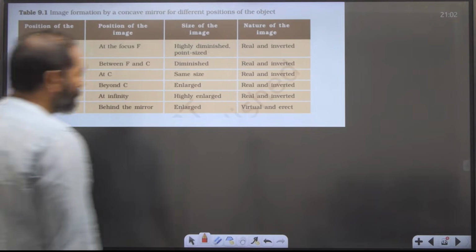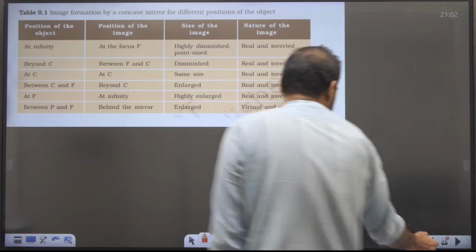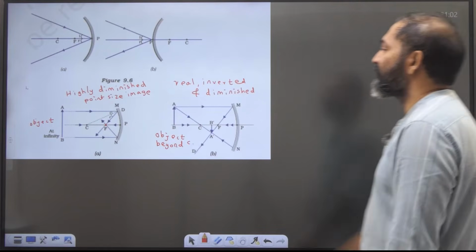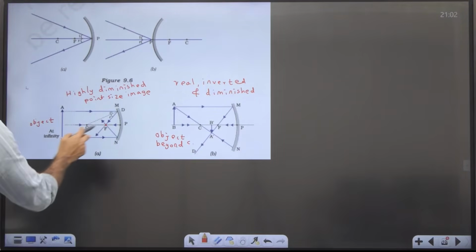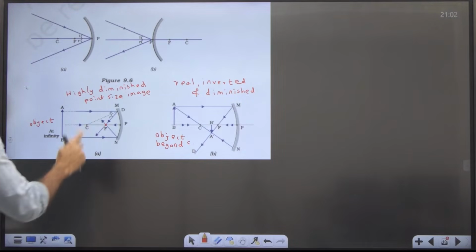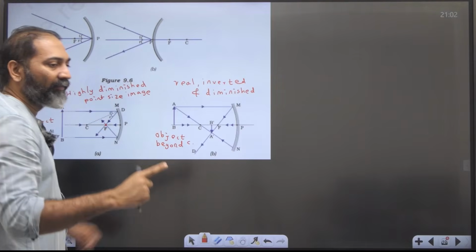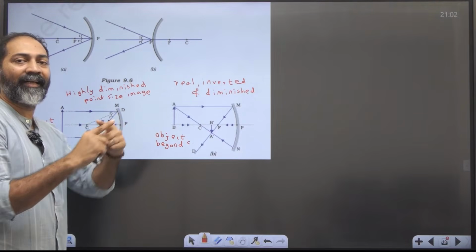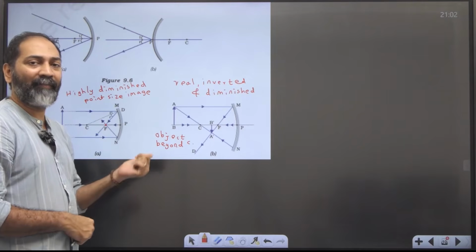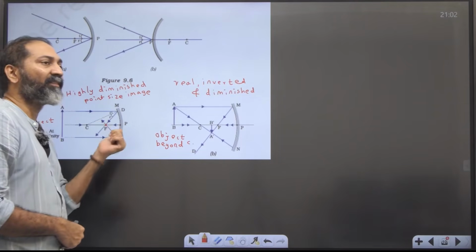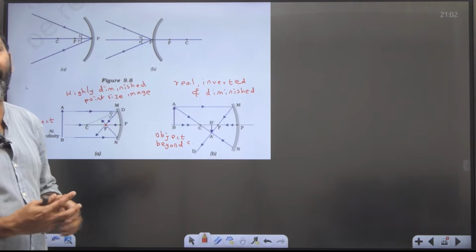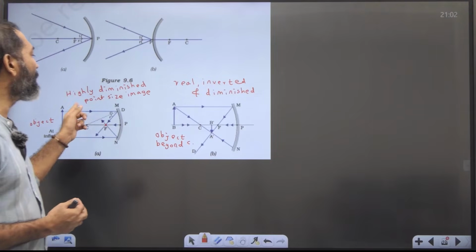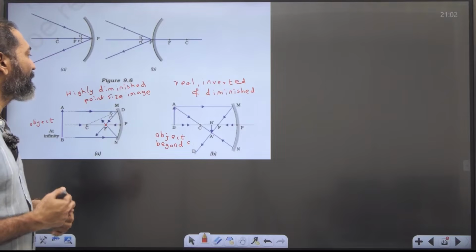We always use two rays. Whenever these rays intersect after reflection at a point, there will be an image. Here the point of intersection is on the principal axis, but the image has no size, so we write point sized image.